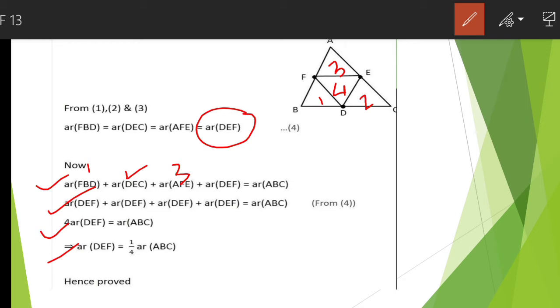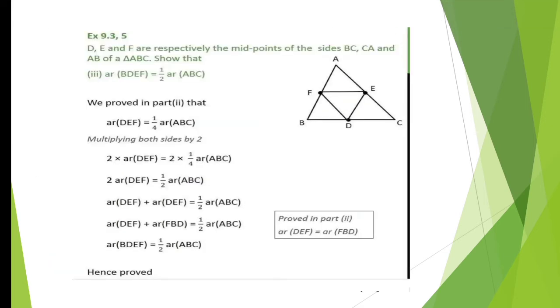So this is how we can show that when a big triangle is parted into 4 triangles, any of the triangles is equal to 1/4 of the full triangle.